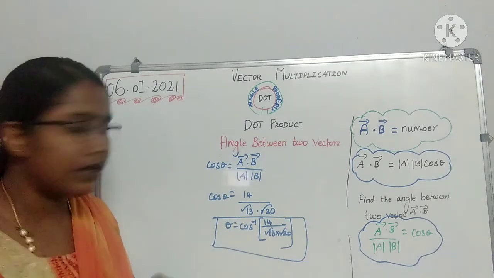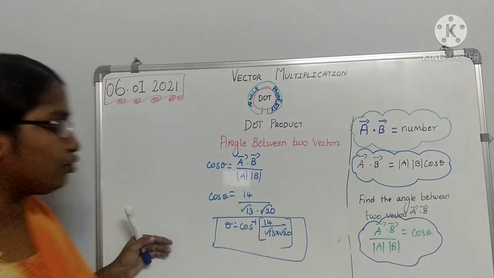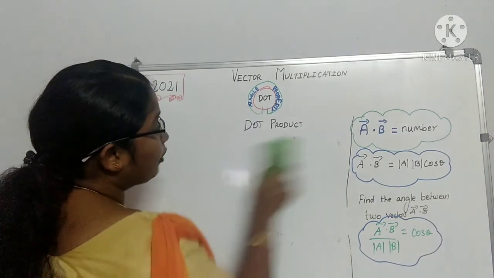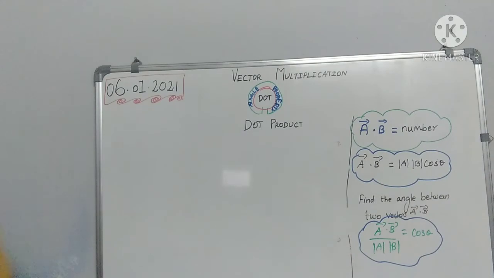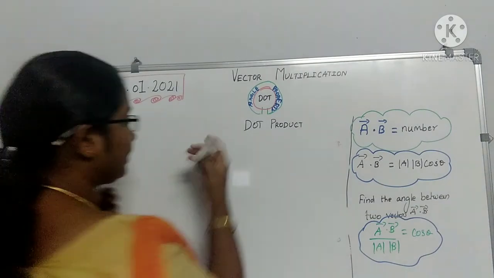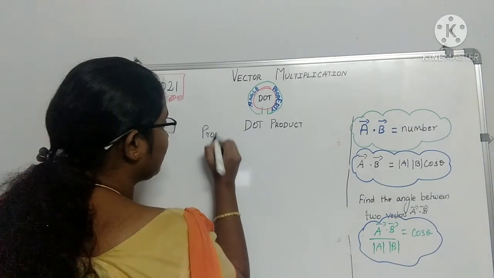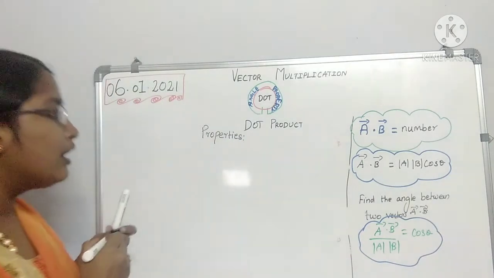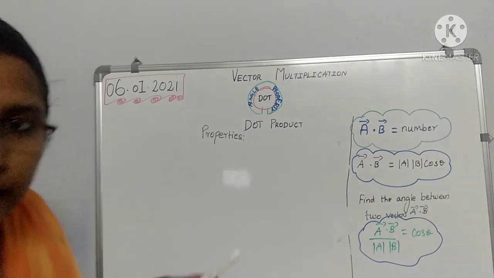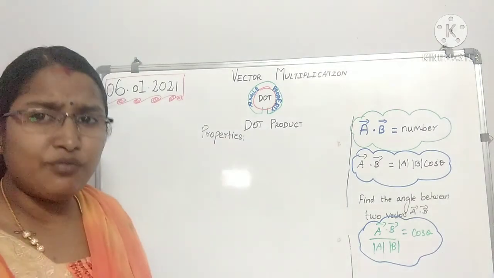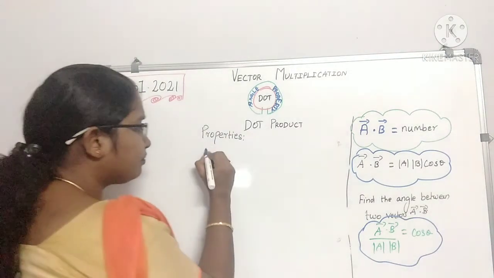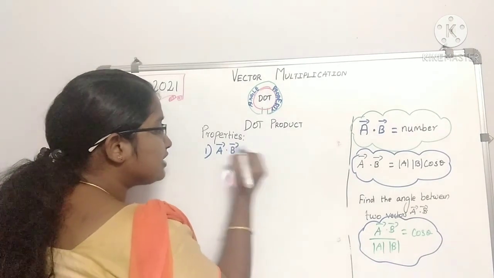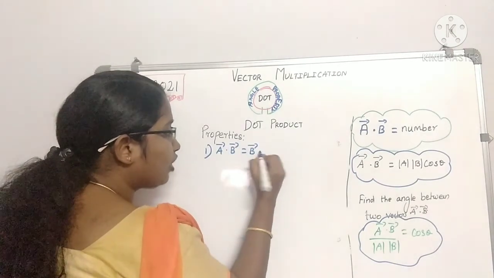Now I hope you have understood the angle between two vectors, and now I am going to teach the properties of this dot product. Listen. First property is A vector dot B vector is equal to B vector dot A vector.